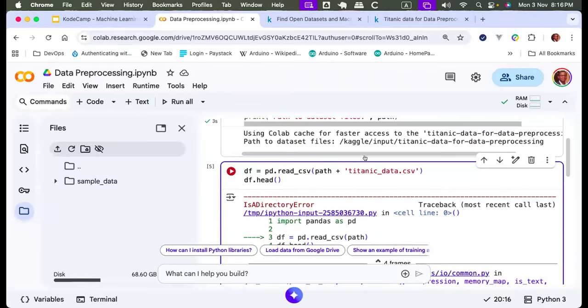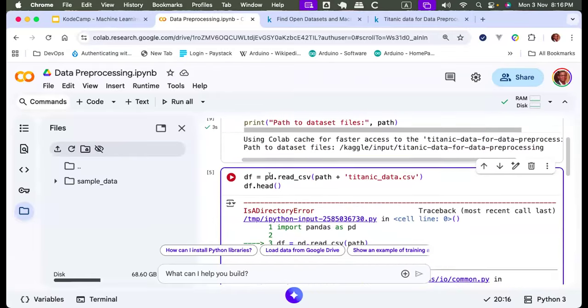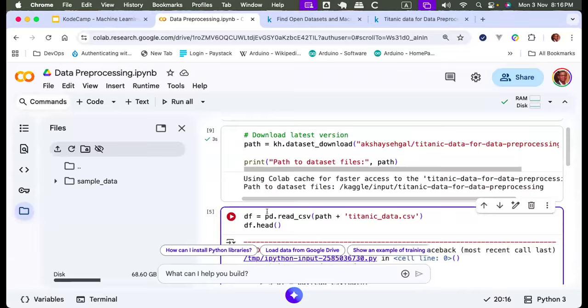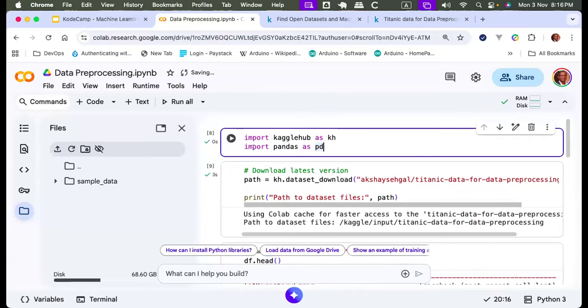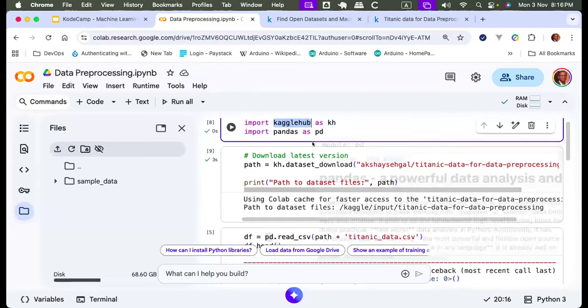df is pd.read_csv. So df is a data frame. Remember, pd is pandas. I have imported pandas as pd. So anytime you see me use pd, I'm using a function inside pandas. And anytime I'm using kh, I'm using a function inside KaggleHub.